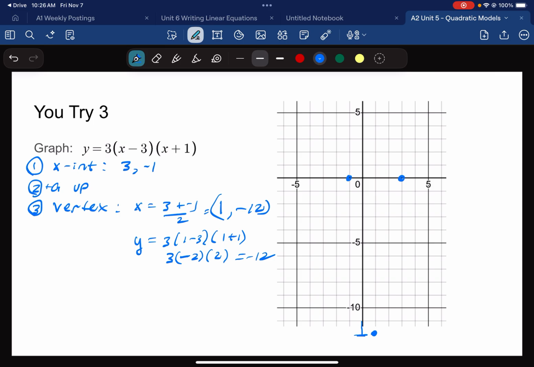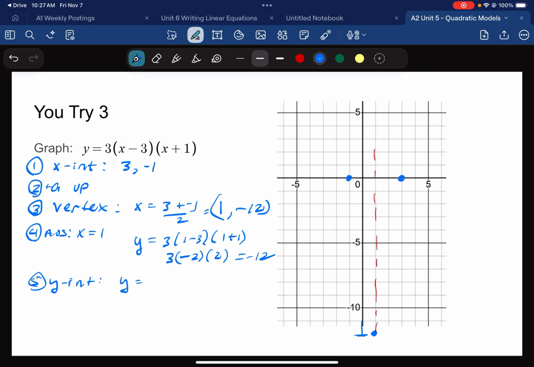All right, so now our AOS, x equals 1, is right here. It looks like we've got our x-intercepts, we've got our vertex. It looks like we just need our y-intercept. So the y-intercept, well, that's x is 0.